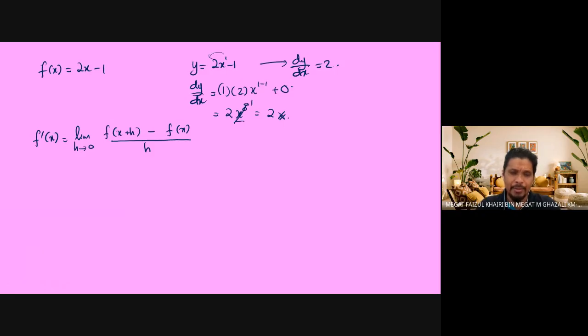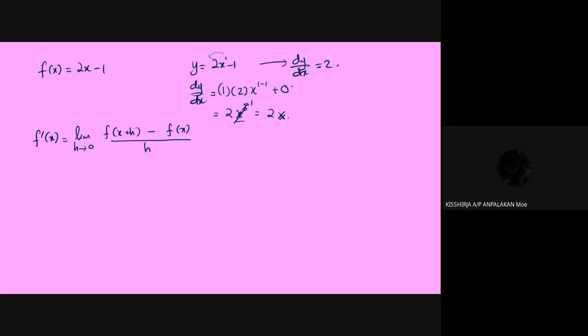Hold on. Teacher, for us, it's dy dx equals limit of delta x approaching 0, delta y over delta x.